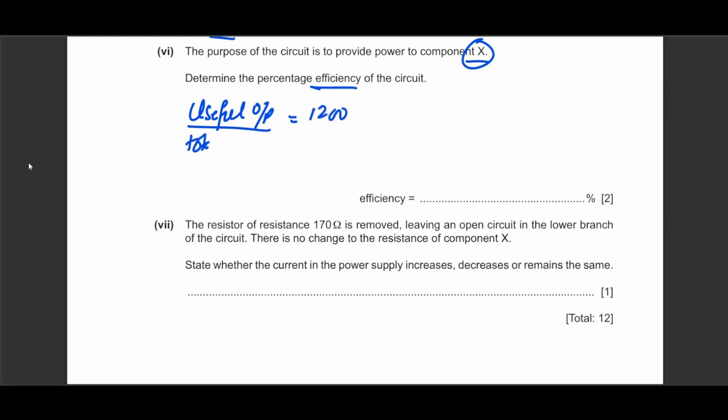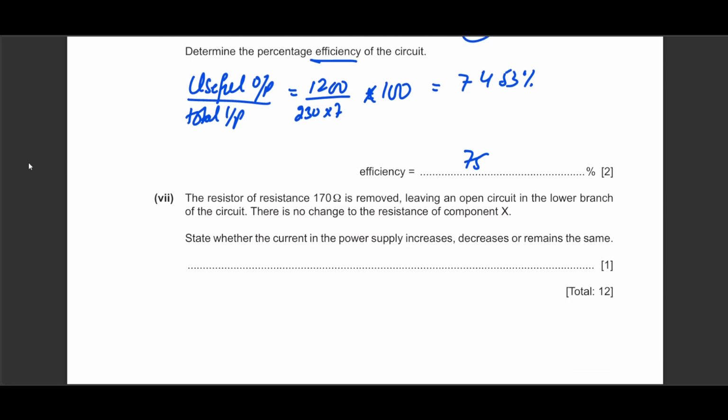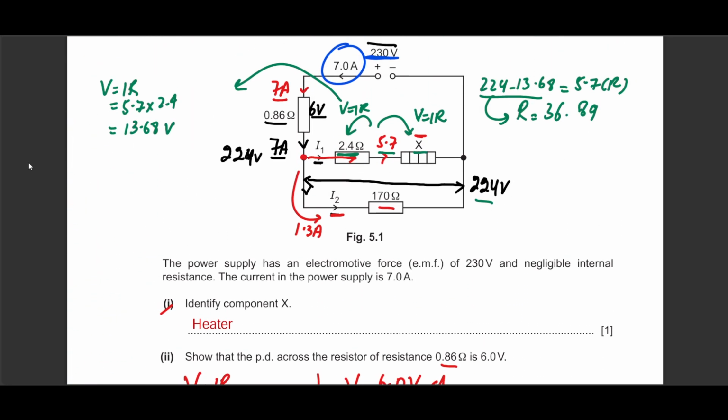But how much is the total input, which is definitely the supply, 230 multiplied by 7. So when you do that, and then simply multiply this with 100, this comes out as 74.53%, which becomes 75%.